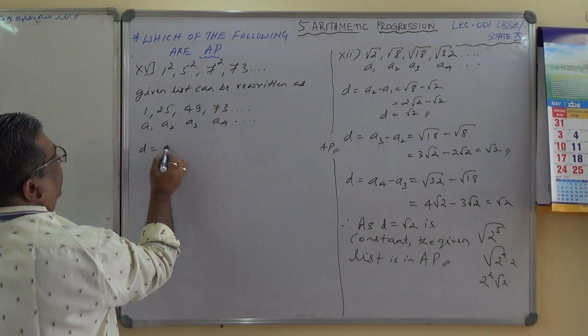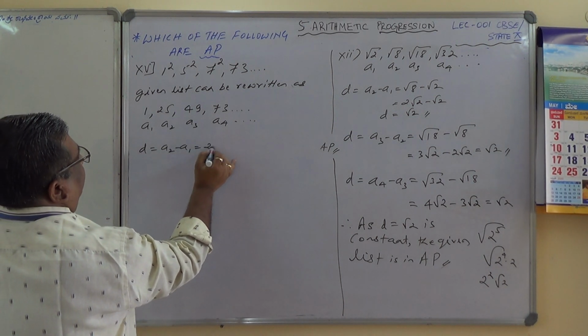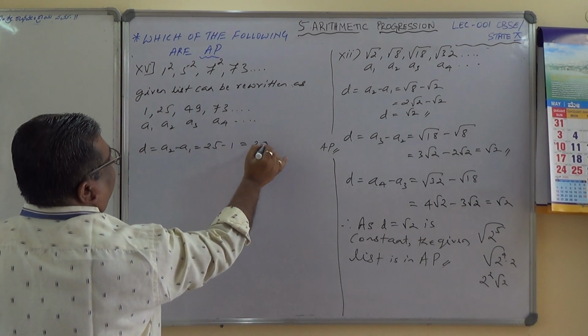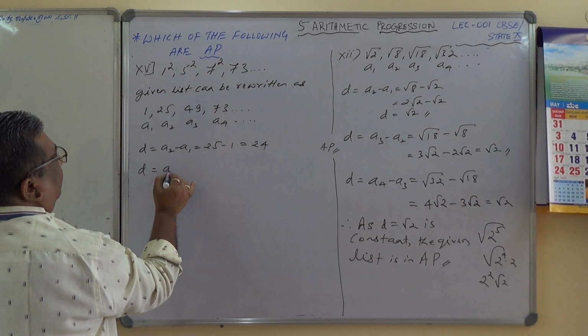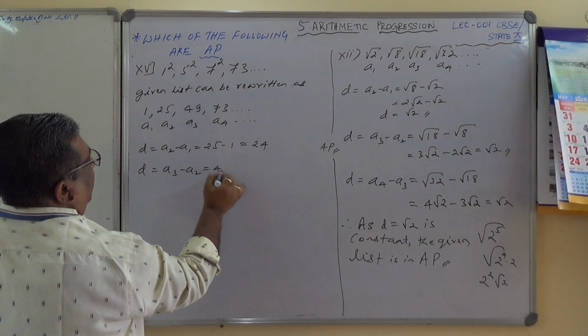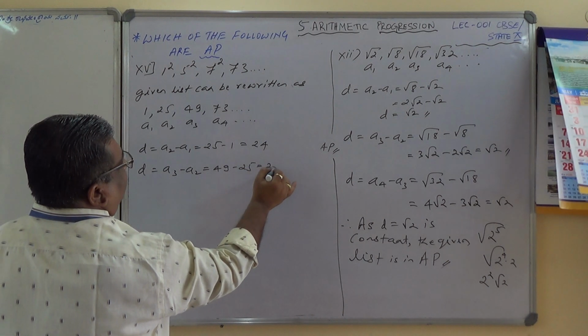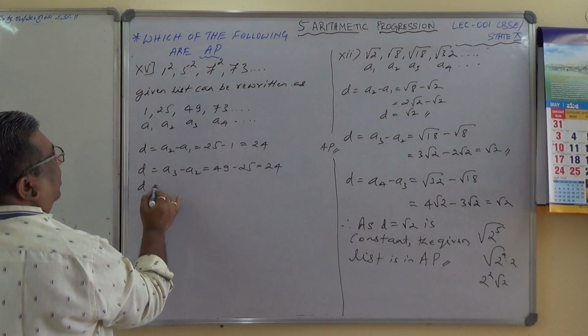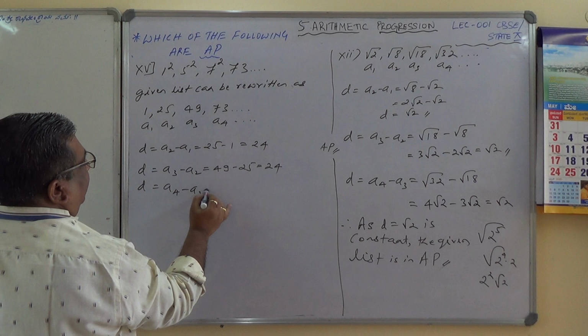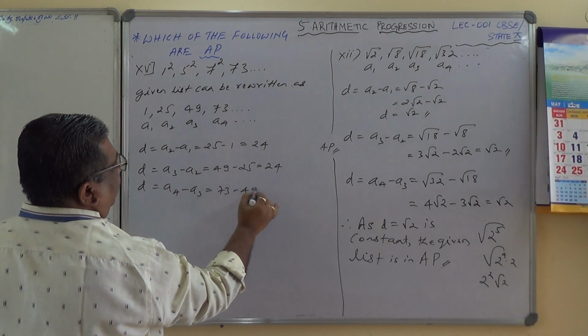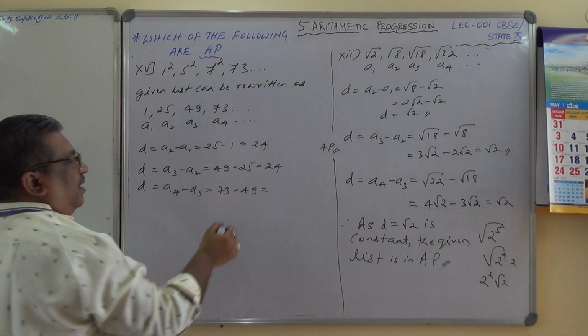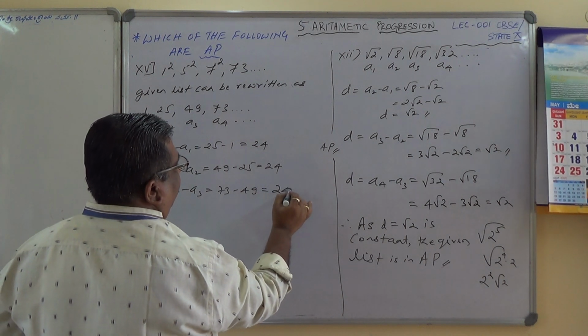So common difference D equals A2 minus A1, 25 minus 1, which equals 24. Also D equals A3 minus A2, 49 minus 25, which equals 24. And D also is equal to A4 minus A3, which is 73 minus 49, 24. Isn't it?